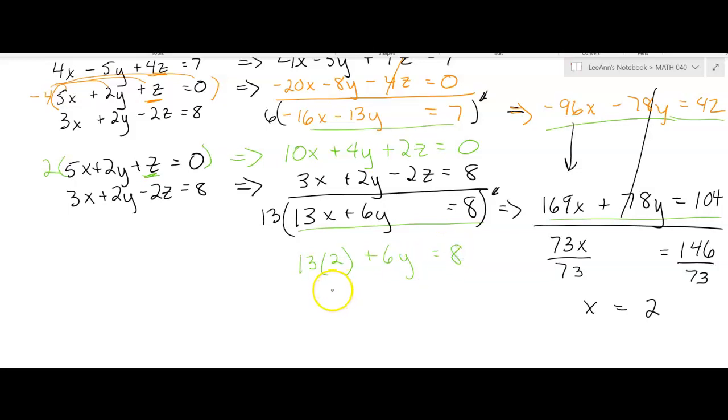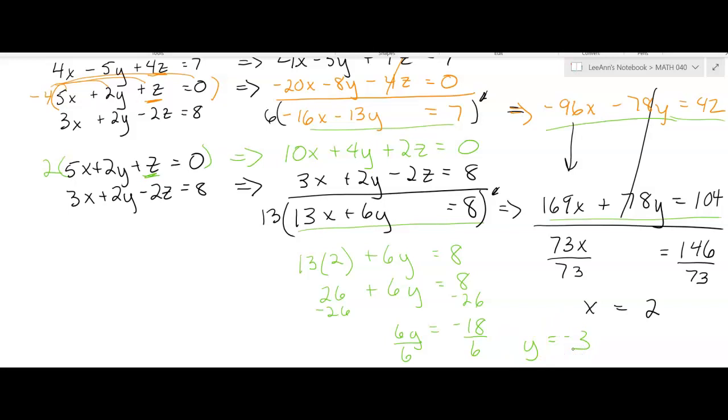And then I have to solve this. So 13 times 2 is what, 26? Subtract the 26 from both sides, and I get 6y equals negative 18. I like the looks of that as well, because 6 will go into it, and I get y equals negative 3.